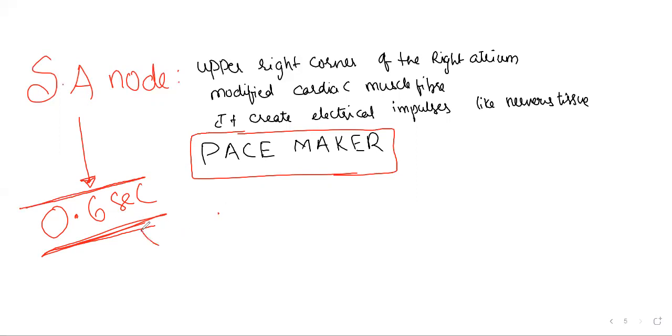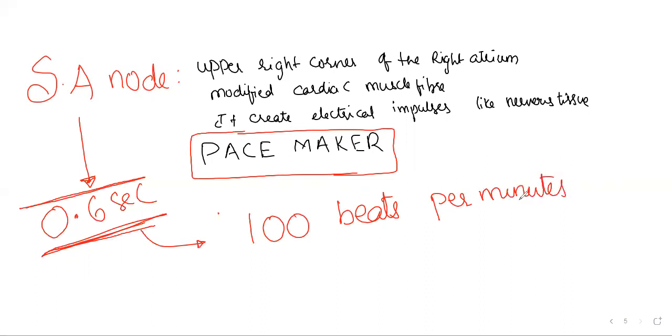In that way, the SA node can create a maximum of 100 beats per minute. This is the maximum heartbeat of a human being.